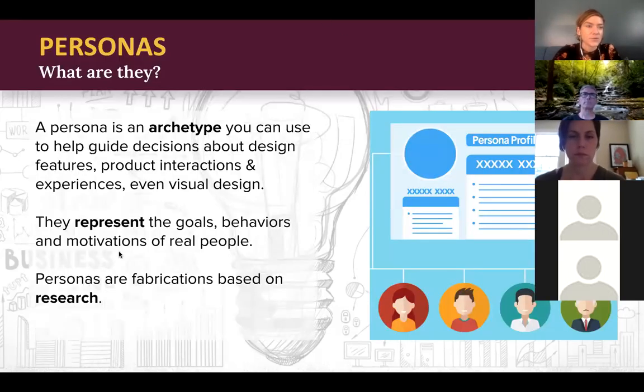So a persona is an archetype. You use it to help guide decisions when you're building something out. So whether that's features of a product, or how you're envisioning interactions or experiences, or even just choosing the visual aspects of a design. They are representatives of the goals and behaviors and motivations of real people.